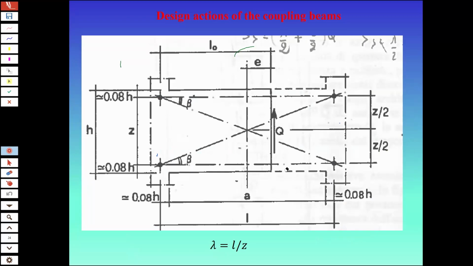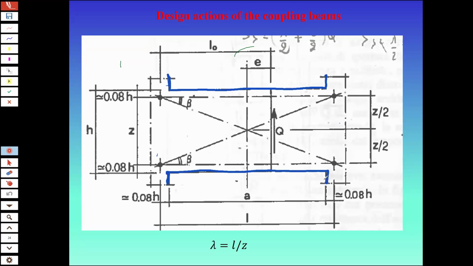So we use a geometric scheme. Okay, so this is our, let's enforce this with some colors, which is better. So actually, this is my coupling beam.